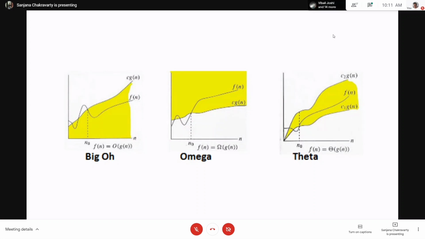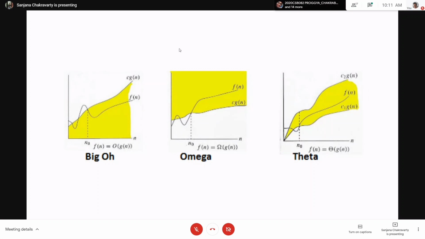But that is not the case for all values above n naught. As you can see, there's an n naught here. So for all values above n naught, which means as n grows till infinity, the big O notation always performs worse than our algorithm. And that's what we're interested in.